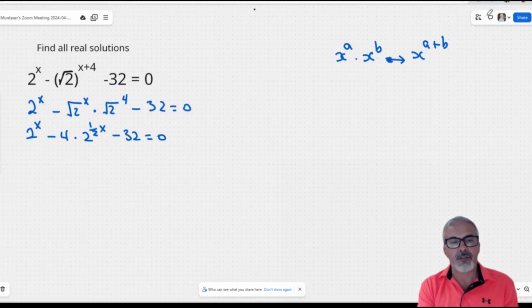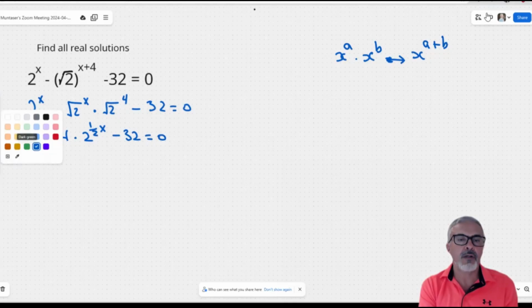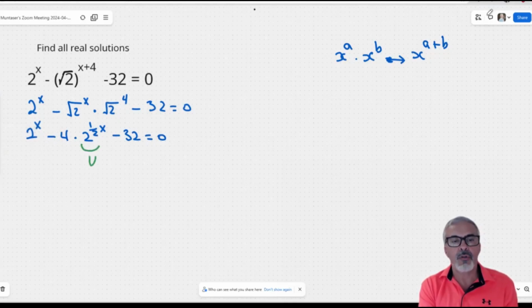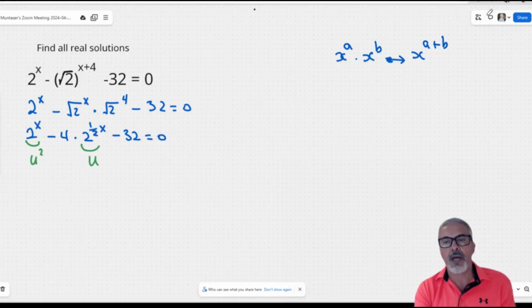For me, I'll solve this right away without doing any substitution. But for you to understand it, I'm going to use the substitution method. I'm going to let this part of the equation be u, and this will be u squared. Now, you might argue and say, what? How come you called it that? So let's say u is 2 to the power of half x.